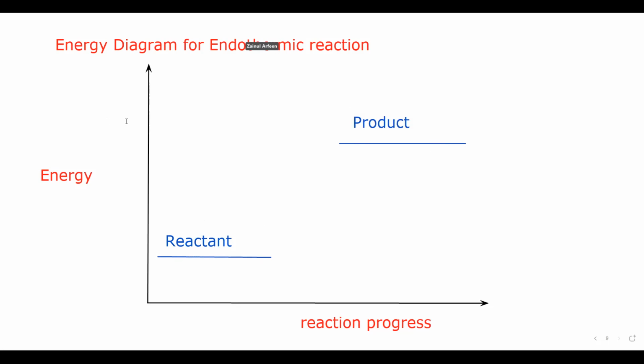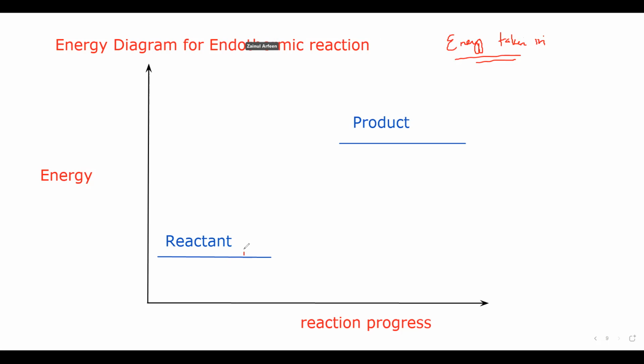So reactant will have low energy and the product is having high energy. How do we represent this diagram, what happens during a chemical reaction? In an endothermic reaction, the term endo means heat energy is absorbed, or energy is taken in overall. So first, what happened?